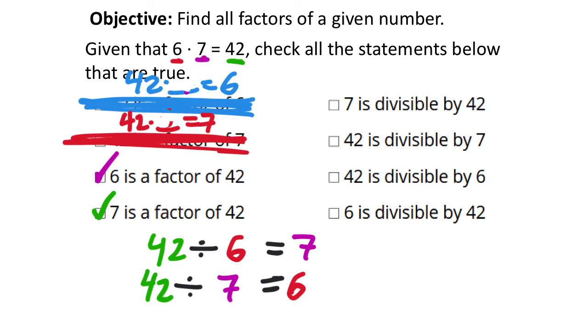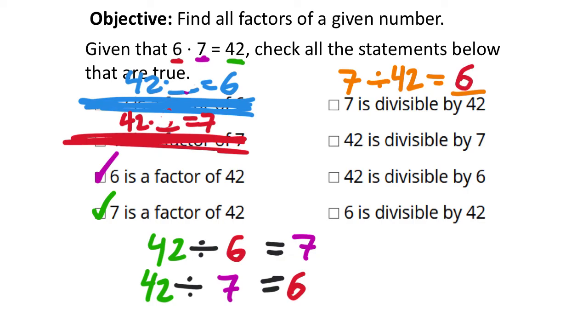Now this next statement, 7 is divisible by 42. That means that 7 has to be the dividend, specifically. So you'd say 7 divided by something. Oh, well, I apologize, 7 divided by 42 can be some kind of natural number, which, again, just based on the fact family, shouldn't be 6.